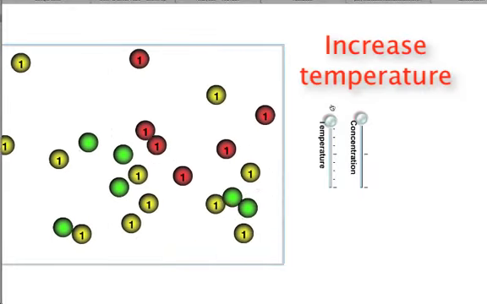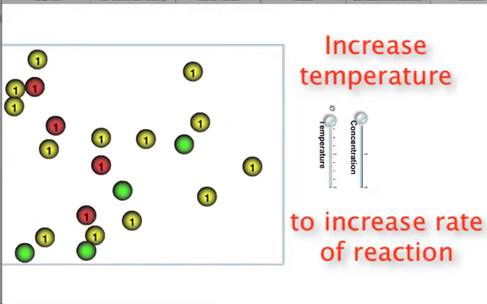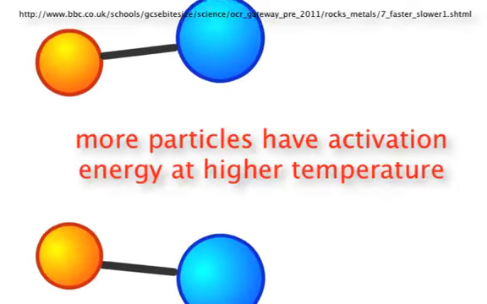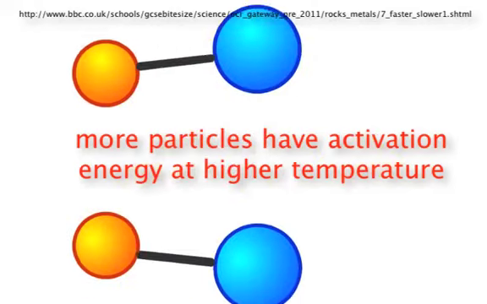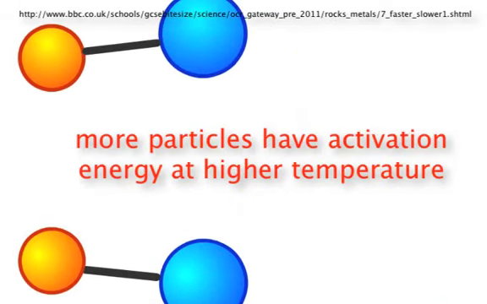So by increasing the temperature, we make particles move more quickly, and the rate of reaction increases. The other reason that increasing the temperature increases the rate of reaction is because more particles will have the activation energy. There will be more particles that have sufficient energy for a reaction to occur, and we're going to talk about that in more detail later when we look at something called the Boltzmann distribution.